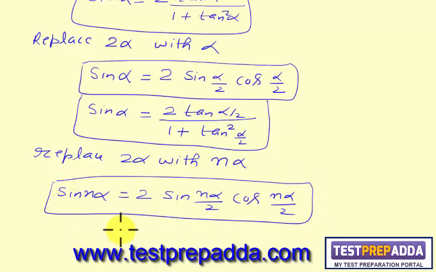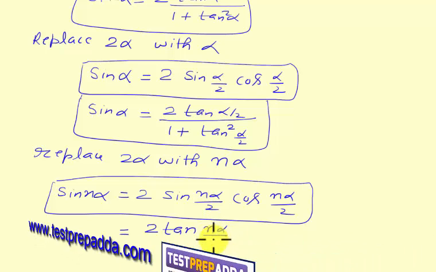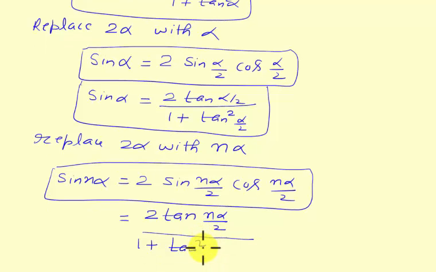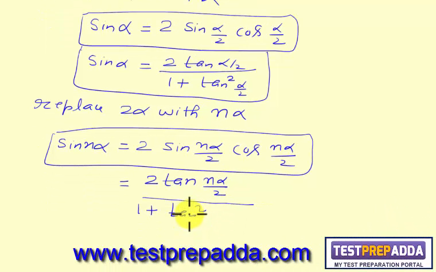And here also in the second case I can write 2 tan n alpha by 2 upon 1 plus tan square n alpha by 2.